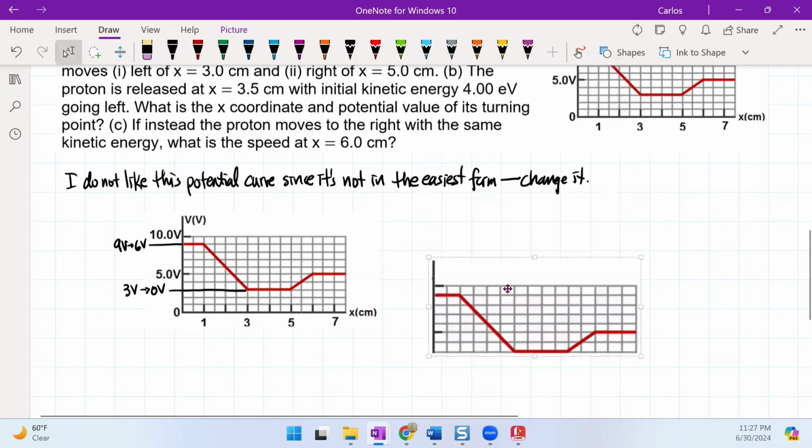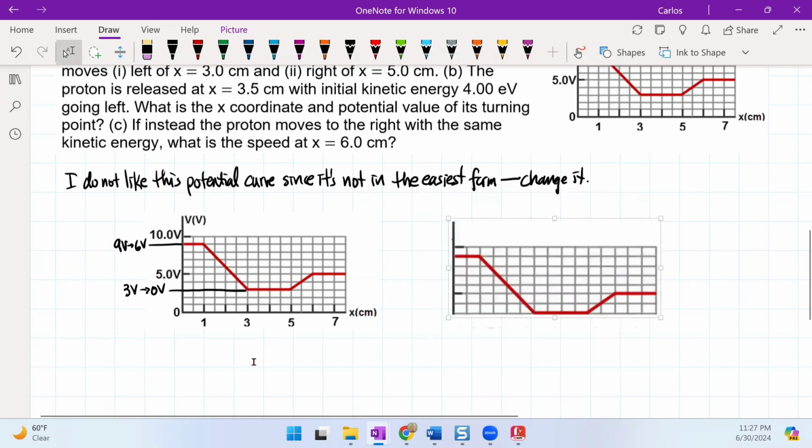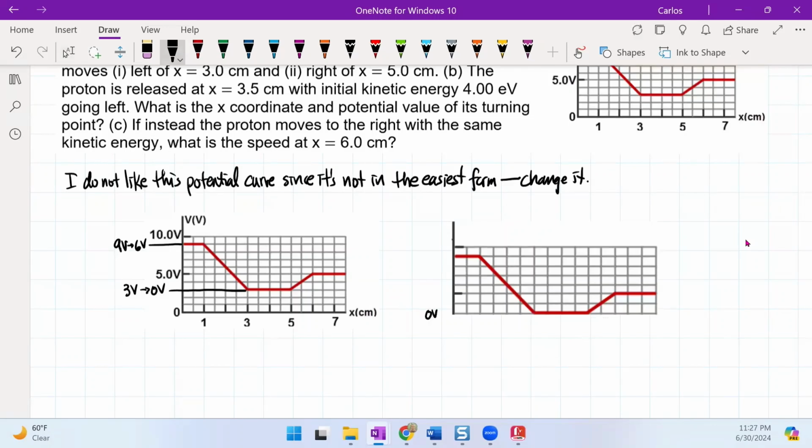So here's the curve that I suggest. I put that curve all the way down at the bottom. So now this point here is 0 volts. And then that's going to be 1, that's going to be 2, that's going to be 3, this guy is 5, this one is 6, and we could just keep going.